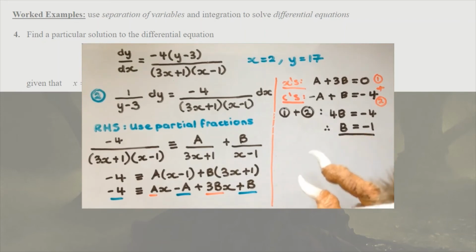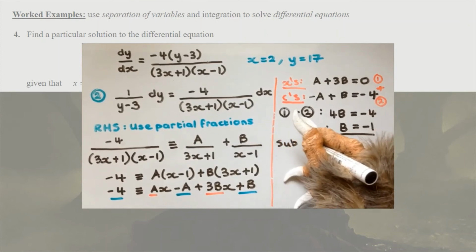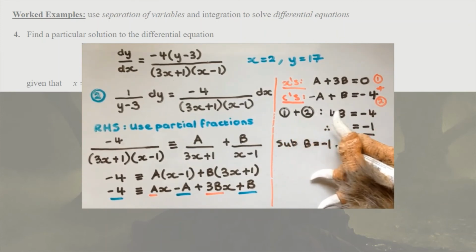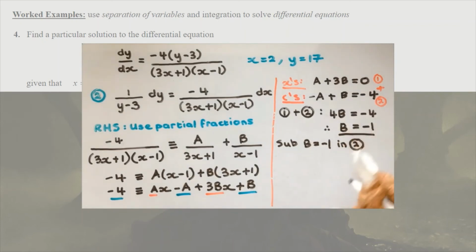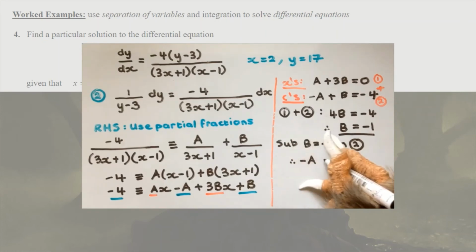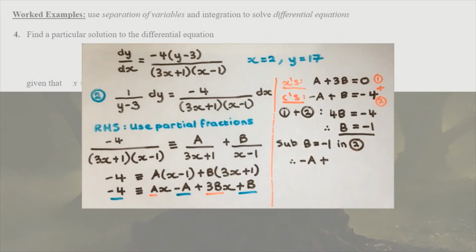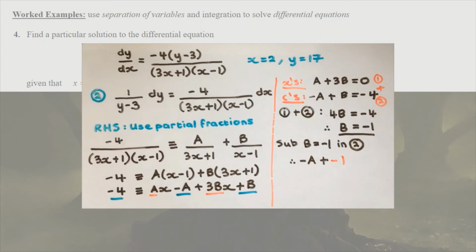And then to get a, we sub b equals -1 into, let's say, equation 2. Pick whichever equation you want, doesn't matter, it should work. So -a plus, now b is negative, so that's -1, equals -4.